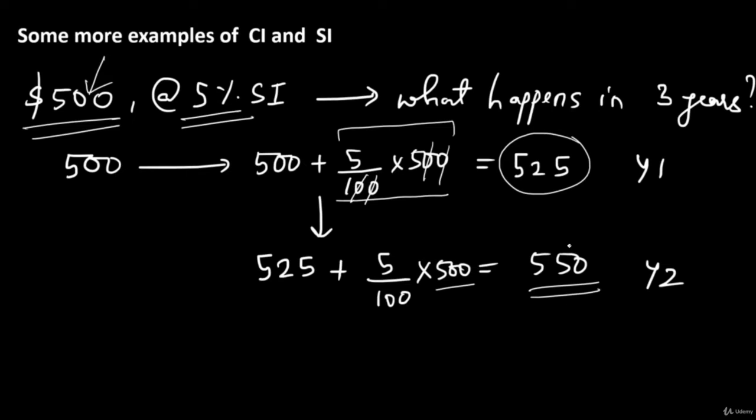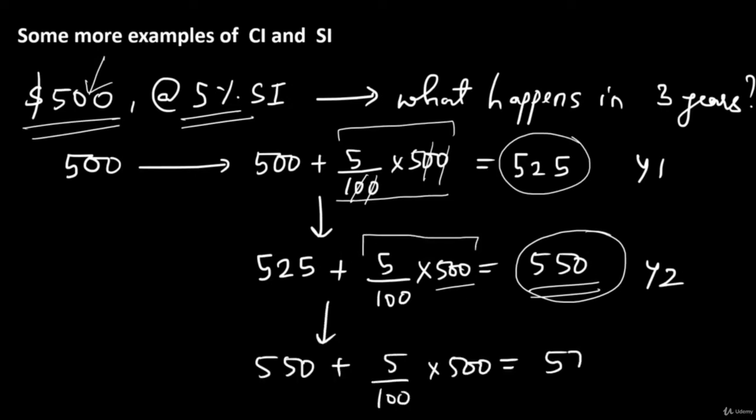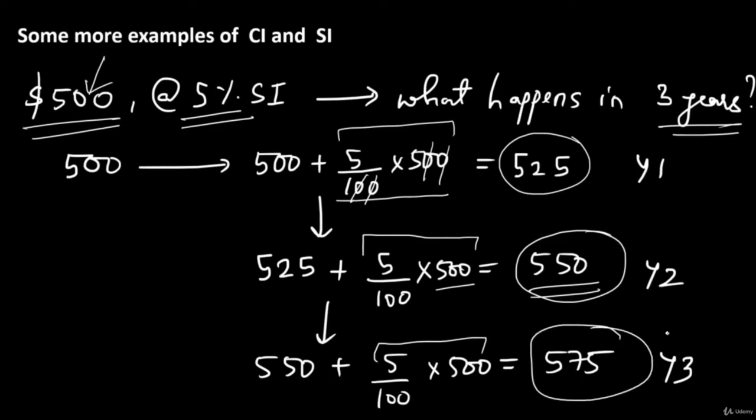Now, let's say 1 more year passes. So what will happen? 550 will be increased by again another 25, right? So 550 plus 5 by 100 into 500, which is again 25. So 550 plus 25 is equal to $575. So if $500 are lent at 5% simple interest, at the end of 3 years, this $500 will become $575.